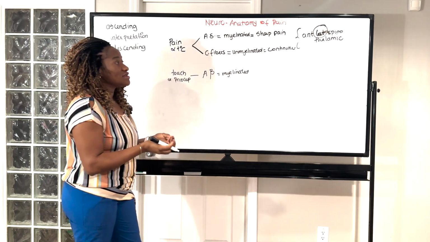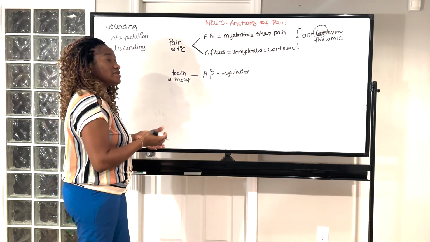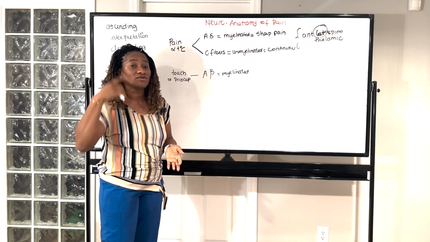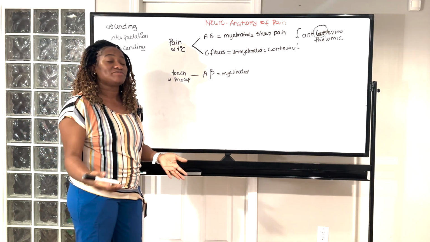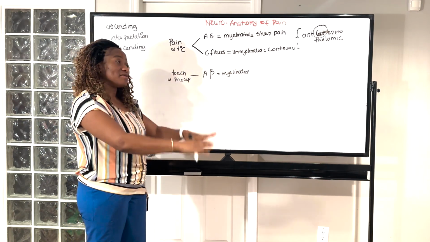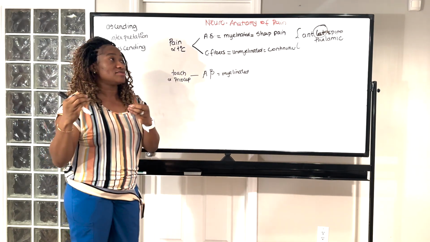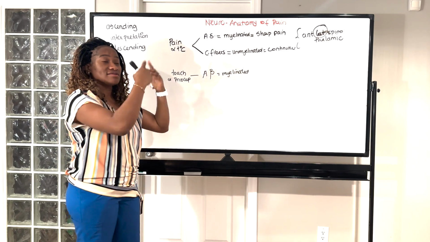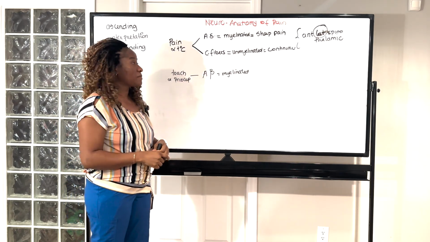And if you read into the word spinothalamic tract, from the spinal cord until the higher brain center, these are afferent fibers. So they conduct the pain from the spinal cord until the higher brain center.